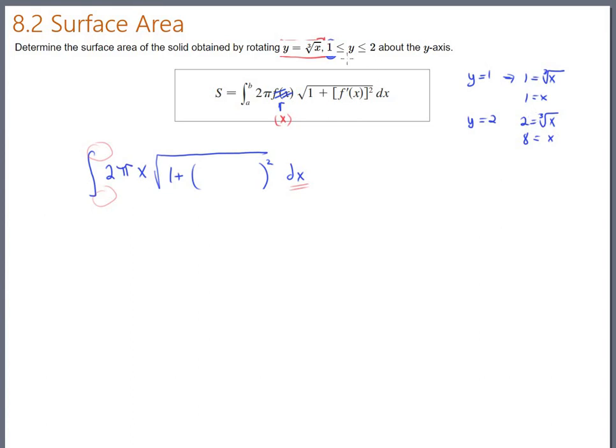So not too hard to change our y limits into x limits. So our x limits go from 1 to 8.